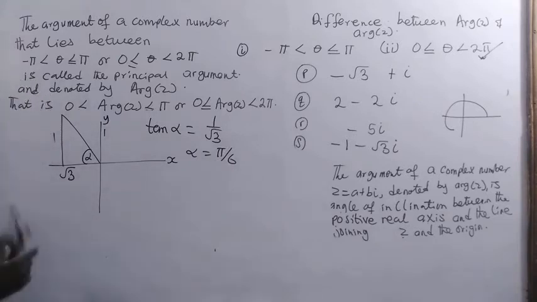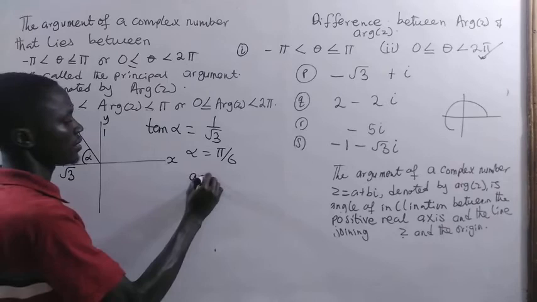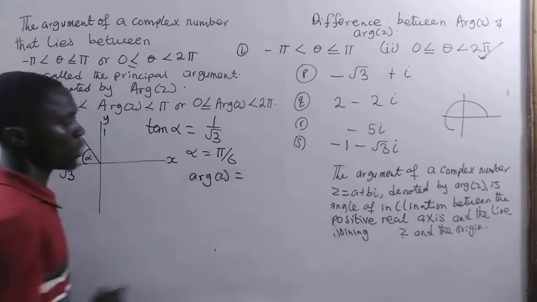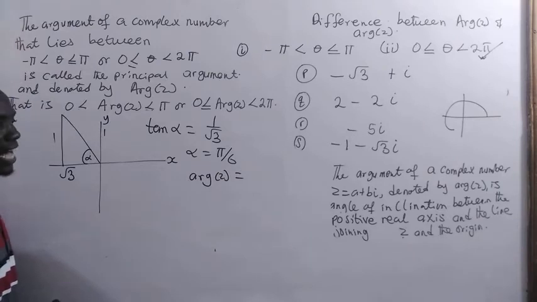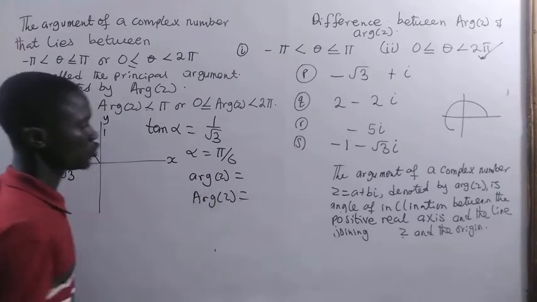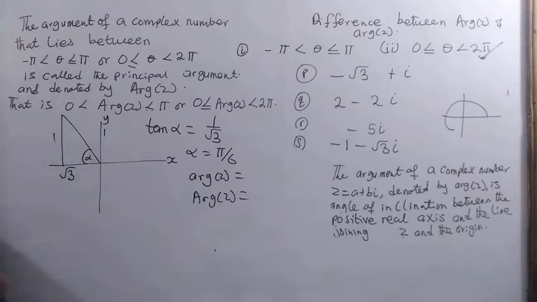Now, we have alpha to be pi on 6. What is the argument? The argument is equal to what? And the principal argument is also equal to what? Now we need to determine theta.